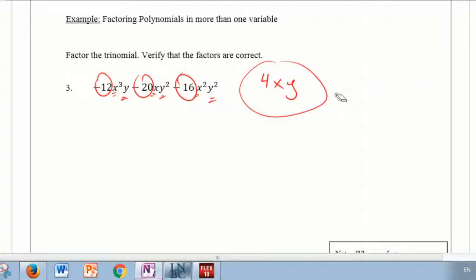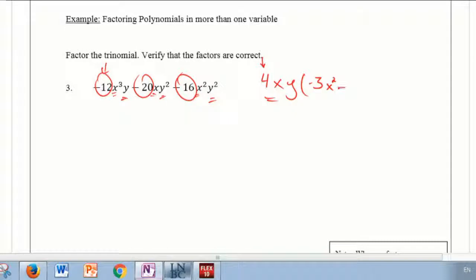So when I do it this kind of brute force method, I would say, okay, if I pulled out a 4xy, if I started with a 12 and I pulled out a 4, what's left? Well, I know 4 times 3 is going to give me 12. And then I have x cubed y, so if I had x squared times the x, that would work.